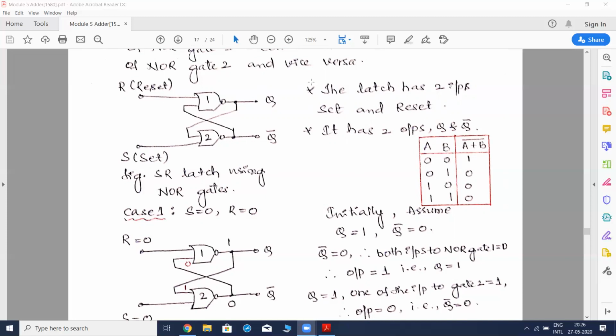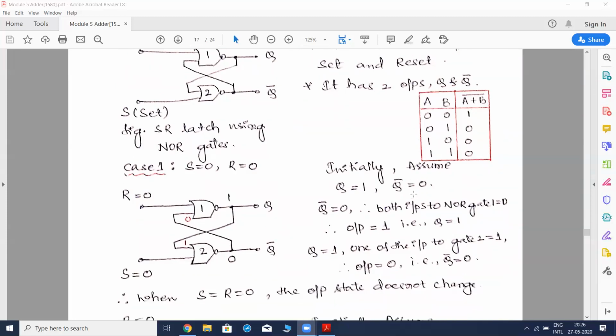But here we are using the NOR gate, so it is the complement of the OR gate. This truth table gives us the complement of the OR gate: for combination 0, 0, we have output 1. For all other combinations, we get 0. So this is the NOR gate truth table.